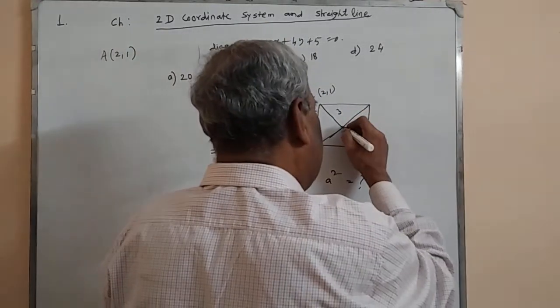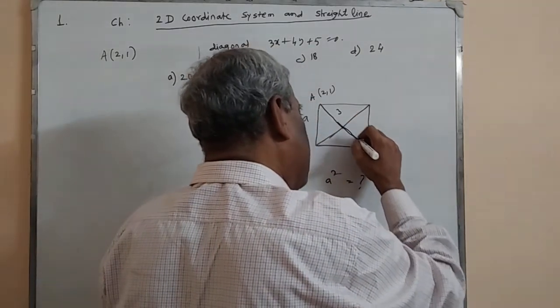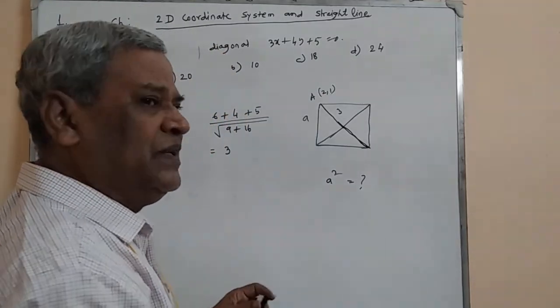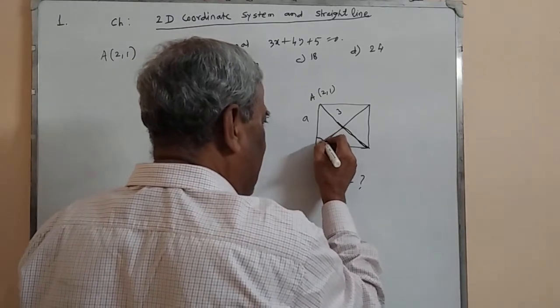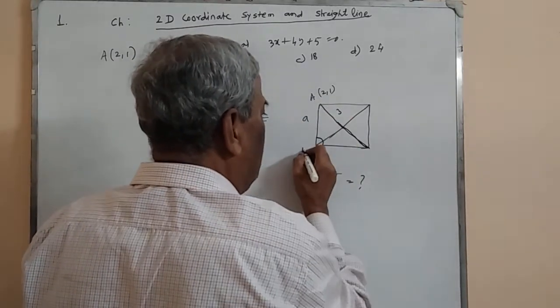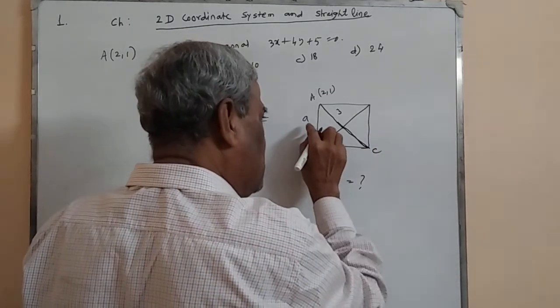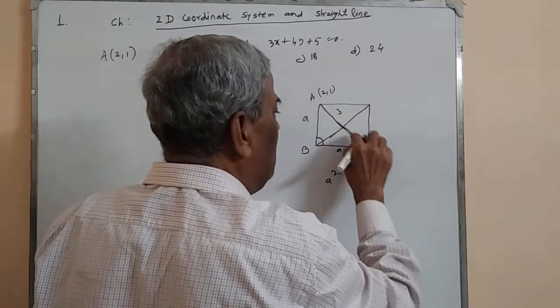From the property, this is another 3. If it is extended up to the opposite vertex, the length of the diagonal is 6. And ABC is a right angle triangle. Its two sides are a, and the hypotenuse is 6, that is 3 plus 3.